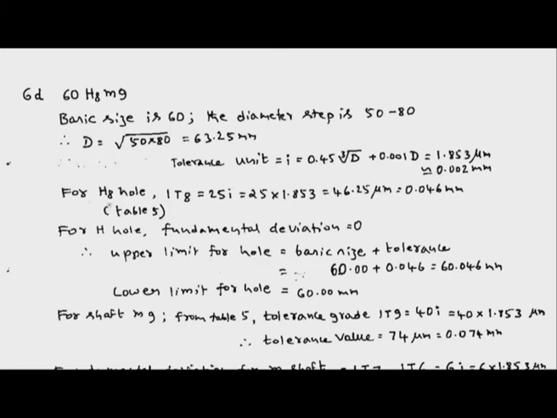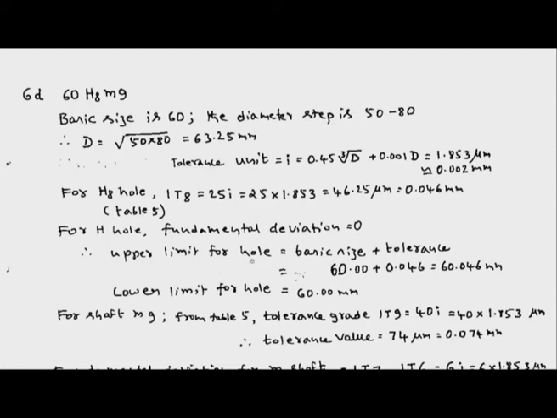Now, for the H8 hole, from table number 5, the IT grade number is 8. So, IT8 is equal to 25I. So, we have to feed the value of the tolerance unit, that is 1.853 micrometers, then we get the tolerance value for the hole, that is 0.046 mm, and we know that for an H hole the fundamental deviation is 0.